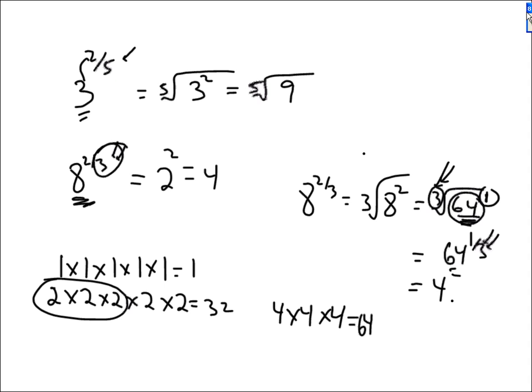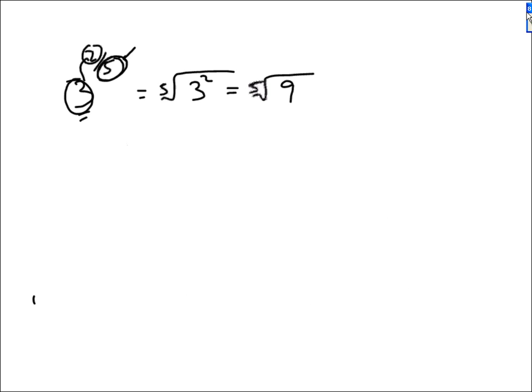The only time I would use a radical form is if I don't know what times itself this number of times gives me that number. If I don't know that, then I would do the power first. The numbers get pretty big.